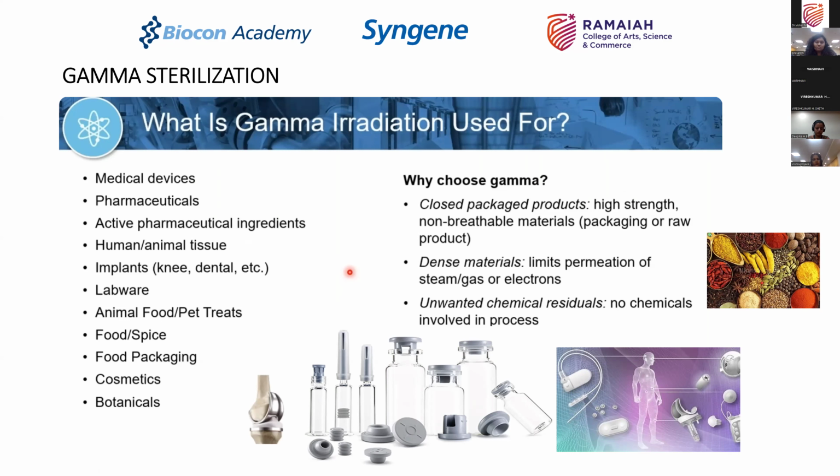As I said, you could continue to use ethylene oxide or VHP as other methodologies, but in either case, ethylene oxide or VHP, there is a fear of chemical residue, and therefore, if possible, you will gamma irradiate those components.